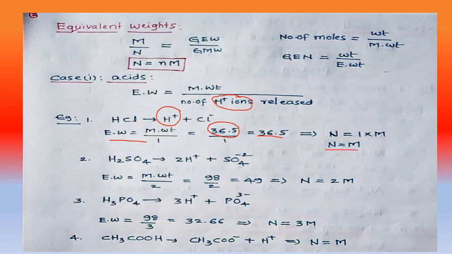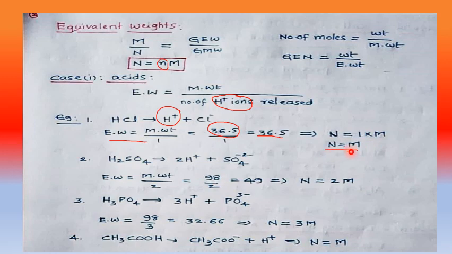Normality equals n into M. Here n equals the number of H plus ions. How many H plus ions are there? 1. So N equals 1 into M, N equals M.